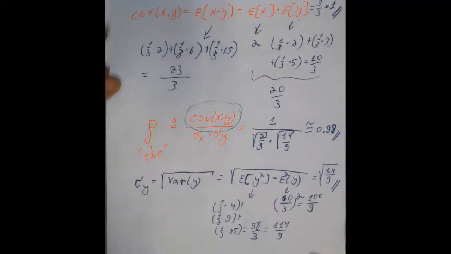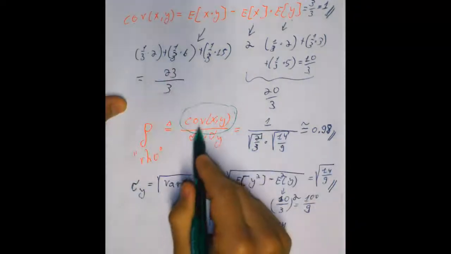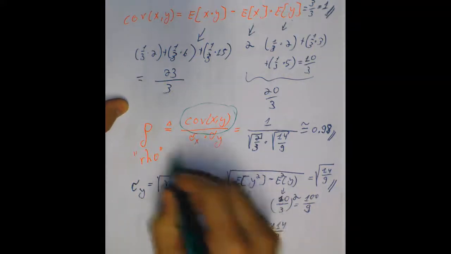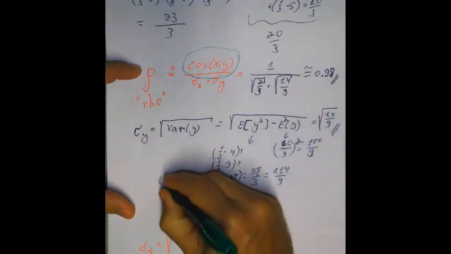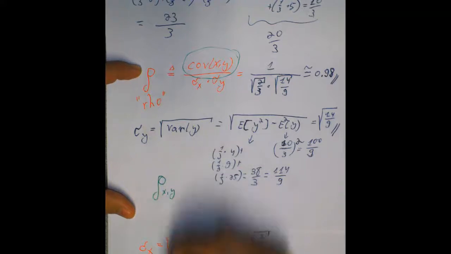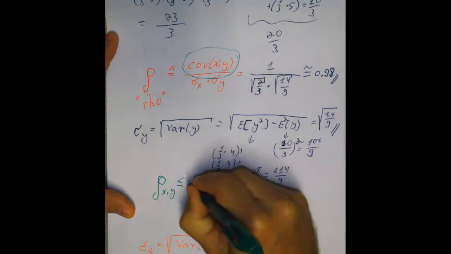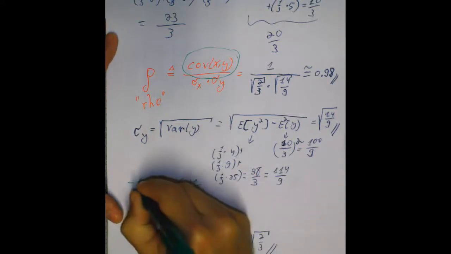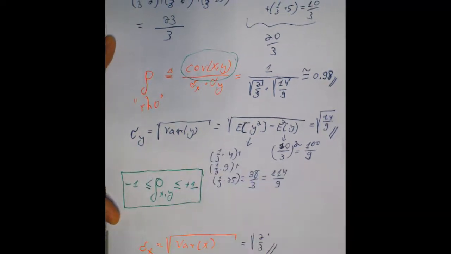Just remember that when we standardize the covariance, which means divide the covariance by the product of the standard deviation, we create a measure that is bounded between two numbers. Always remember that rho between any two variables, x and y, has to be less than or equal to +1, bigger than or equal to -1. Always rho is bounded between plus and -1.